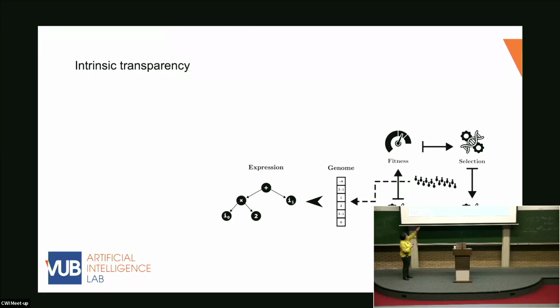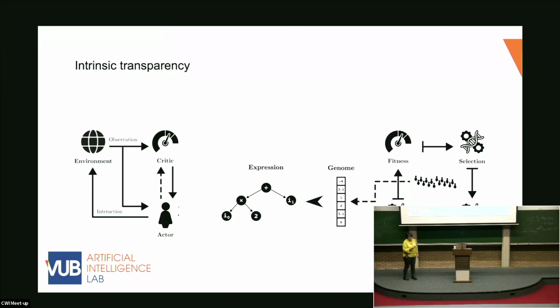But just applying genetic programming on this would be quite inefficient, often getting stuck in suboptimal solutions. So the idea was to combine it with reinforcement learning. Here we basically have the reinforcement learning loop, which you probably all know.